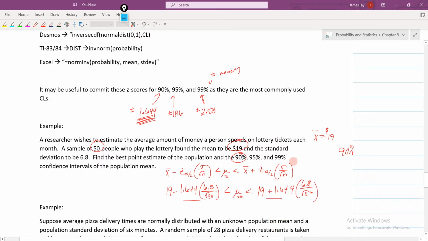Some people will actually just come to the side, instead of writing it all out, and find out what z sub alpha over 2 times sigma over root n is. They'll figure that out to be just this thing here. Then they'll add that to 19 to get the upper bound and subtract it from 19 to get the lower bound. However you want to do it, doesn't matter to me.